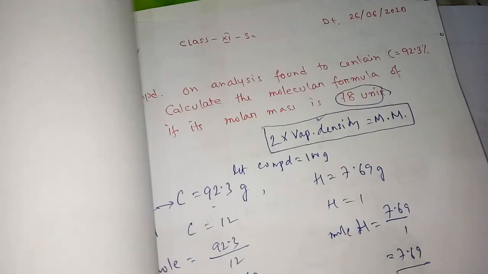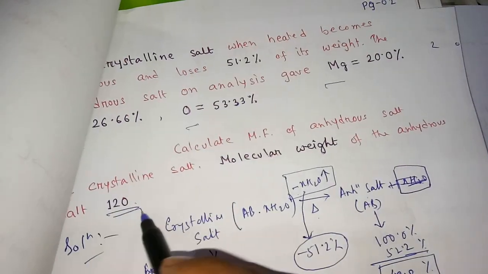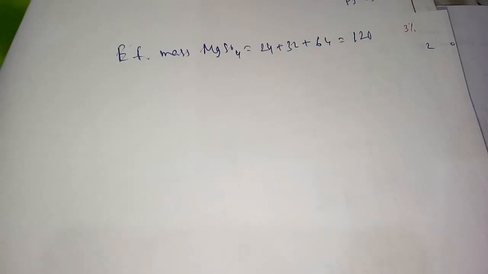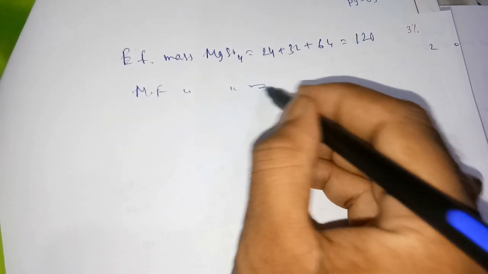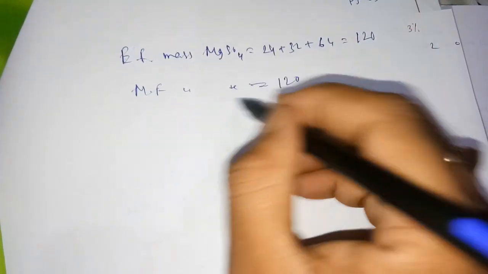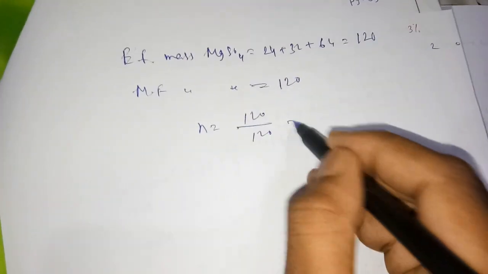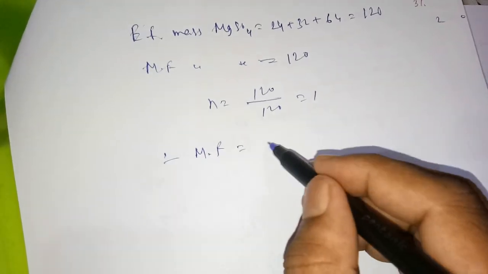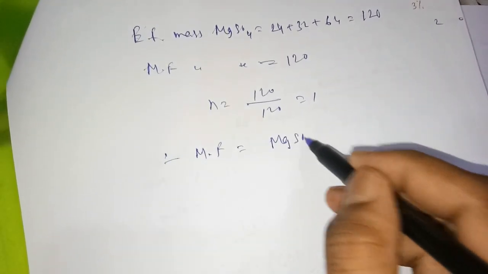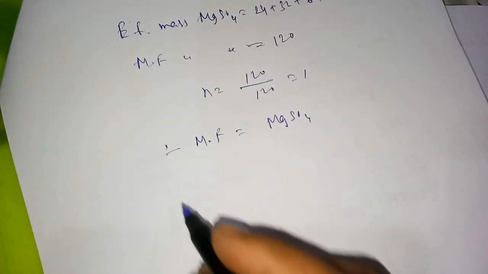And if I look at that question again, the molecular weight is also given as 120. So the molecular formula mass is also 120. So what is n? 120 by 120 equals 1. So the molecular formula is also MgSO4. If the value is 1, the empirical formula and molecular formula will be the same.